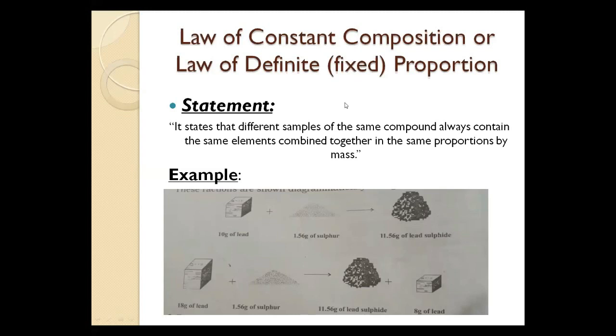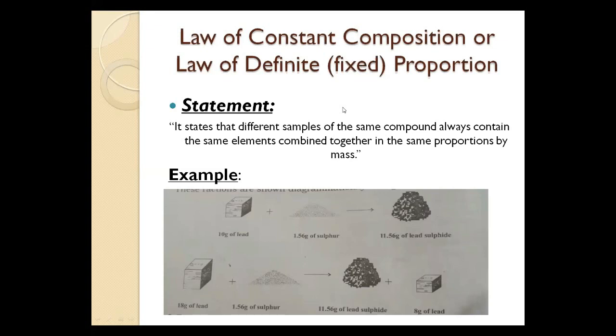We can understand this law by an example. For example, water. The formula for water is H2O: two hydrogen and one oxygen. Hydrogen has mass 1, but with two hydrogen atoms its mass is 2, and the oxygen mass is 16. So we have the ratio 2 to 16, which is a simple multiple of 1 to 8.